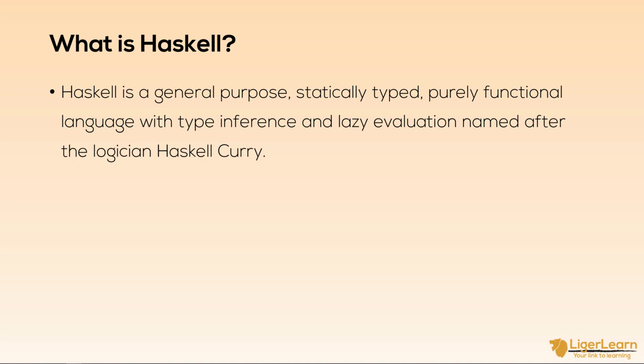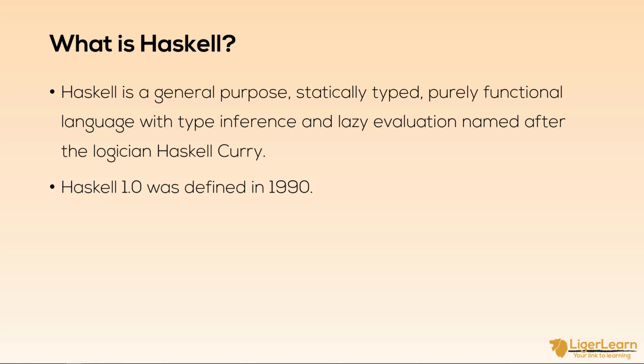Miranda was proprietary software, and so in 1987, at a conference on functional programming languages and computer architecture, it was agreed that a committee be formed to define an open standard for a functional language. The point of the committee was to consolidate the existing functional languages into a common one to serve as a basis for future research. This eventually resulted in the first version of Haskell being defined in 1990.